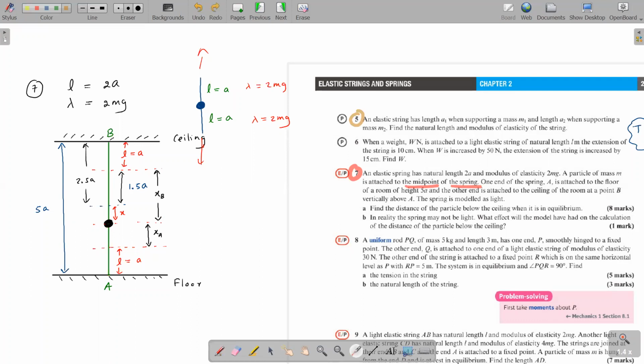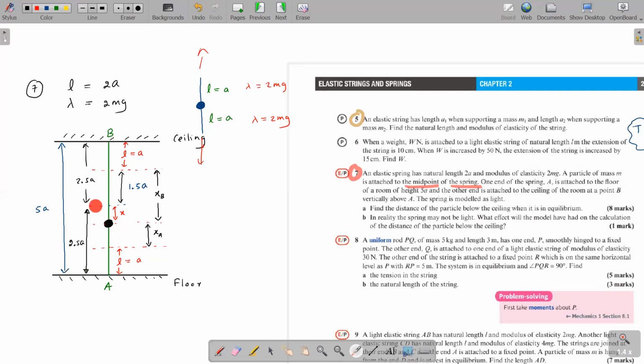This XA distance you could also give in terms of x, because I have taken the middle as 2.5A, so you could mark this distance again as 2.5A. Is it possible to tell me the XA distance in terms of A and x?